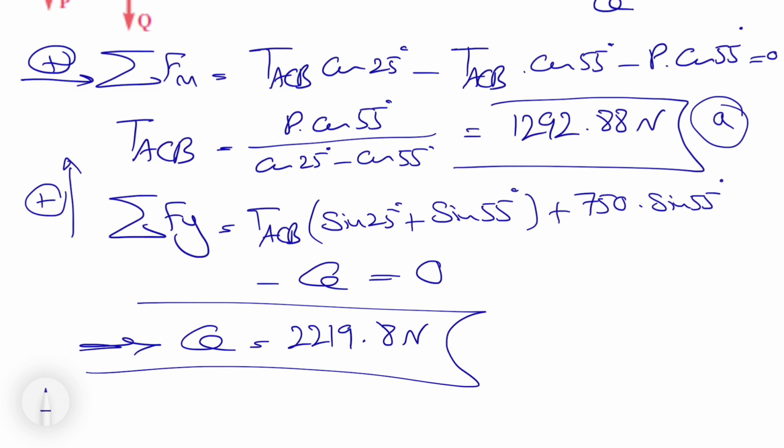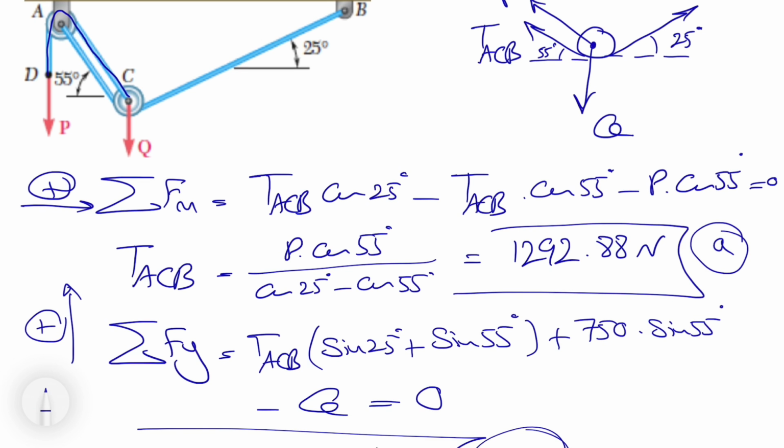We already found T_ACB from the previous part, and the only unknown is Q, which is 1219.8 Newton. This is the answer for part B of the question.